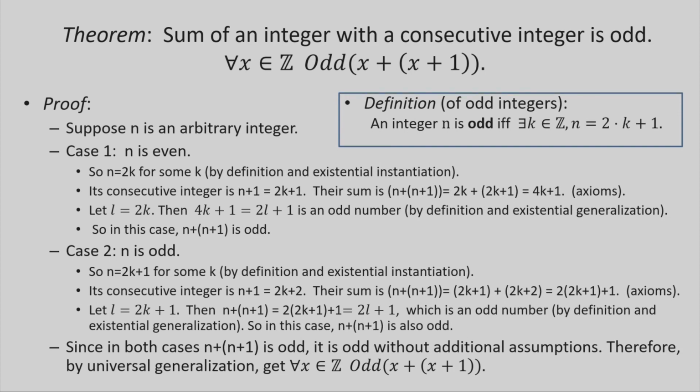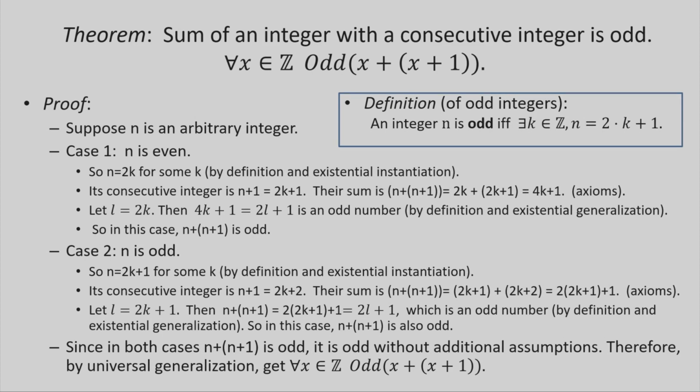Some are even and some are odd. But if we are talking about a specific number, even if we just have a name for it, we could say, that number may be even. If it's not even, then it must be odd. It's one or the other. We could prove our statement for even n, and for odd n, and then conclude that our statement holds generally.